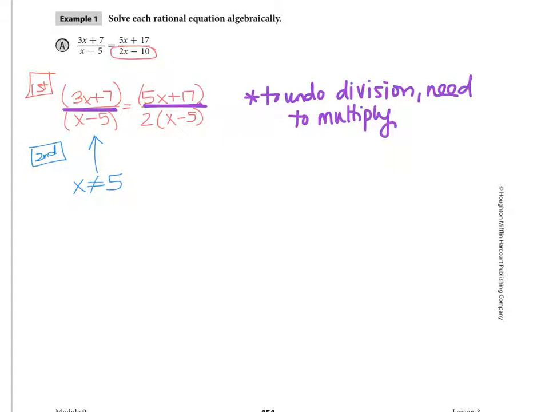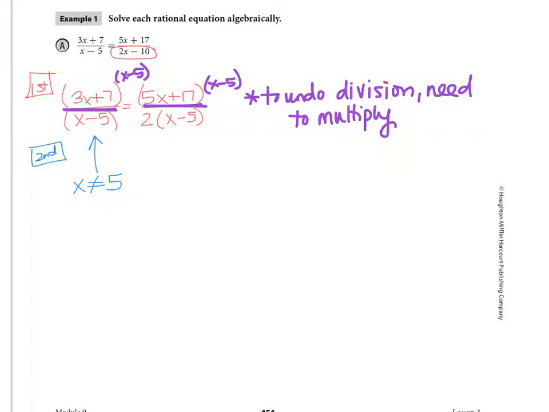All right, so if we look at our equation, notice that I need to undo this x minus 5, this divided by x minus 5. So I'm going to multiply every single thing by x minus 5 on the top. When I say every single thing, I am talking about each of these fractional parts.